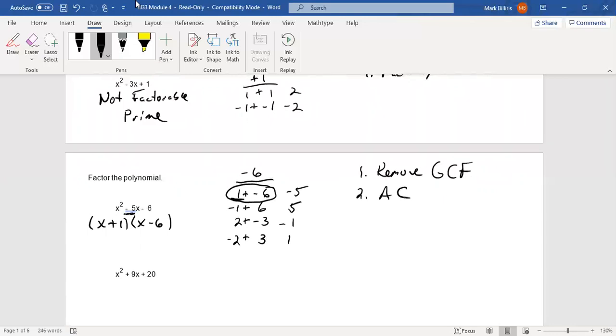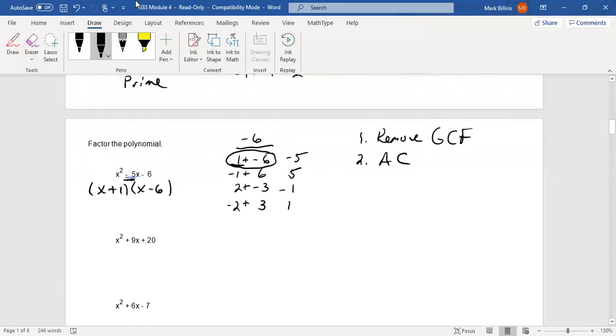Okay, so let's do another example. In this case, x squared plus 9x plus 20. The first step is going to be to remove the GCF. Nothing divides into all three of these. So now I'm going to use the AC method. I take my leading coefficient 1 and multiply it times +20, and that gives me 20. Again, I'm going to write all the combinations.